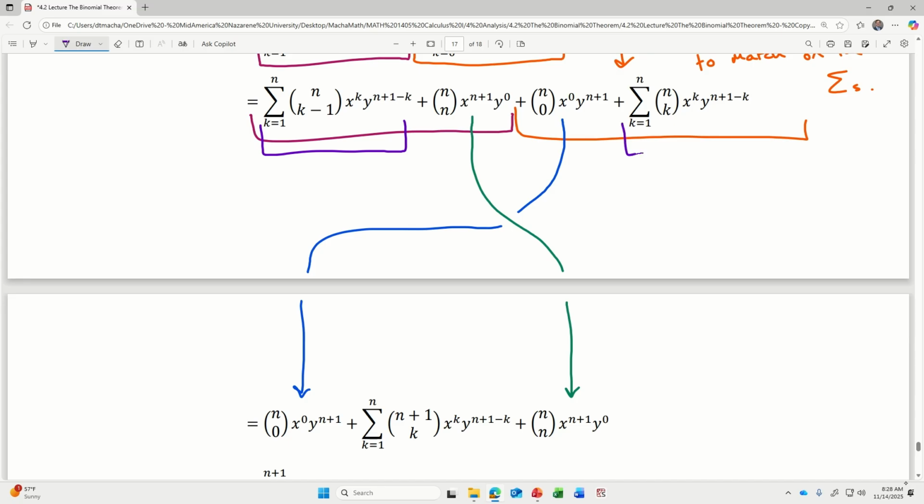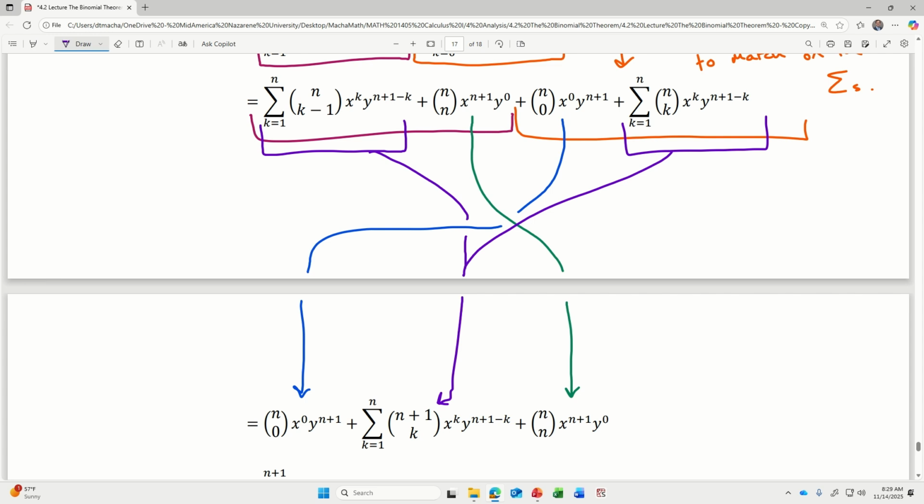And I bet Carter can tell me. Carter, what's happening here in purple? Is that Pascal's rule? It's Pascal's rule. Yeah. Because now that I have the same indices, and I have the same powers of x and the same powers of y, the only thing left to do is add together these coefficients.